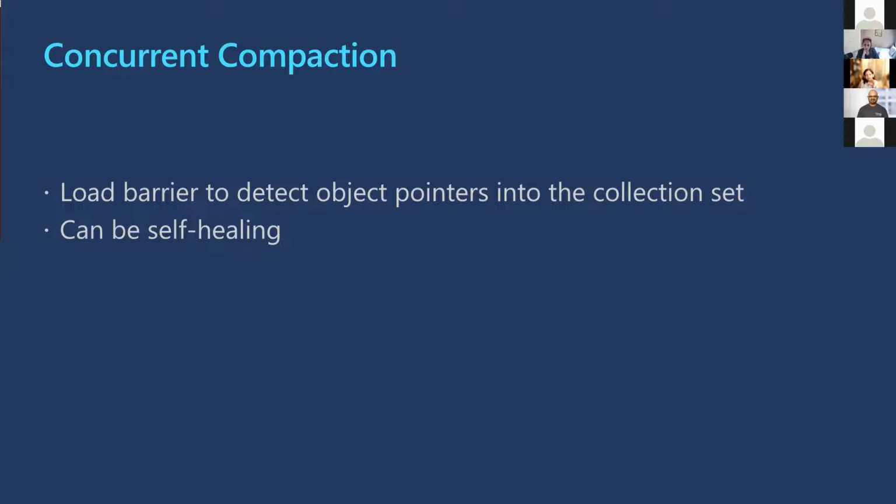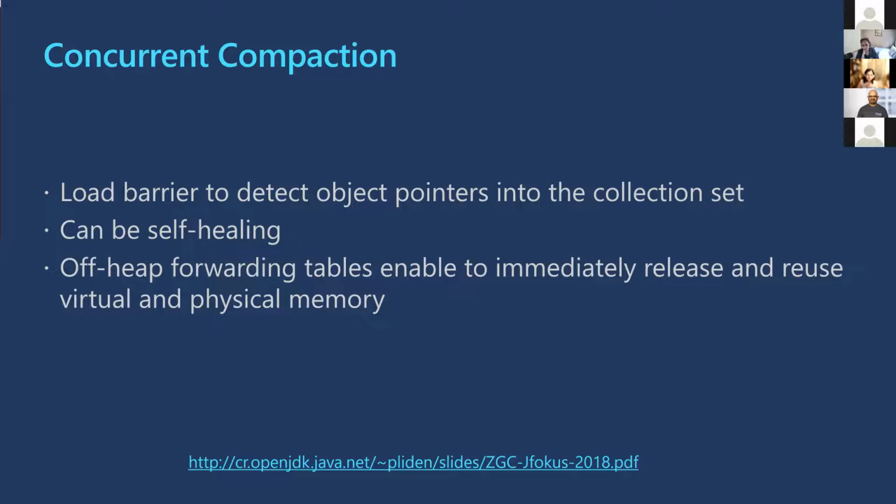When people ask about comparison, like you had asked, Chandra, about the concurrent marking, there's also this concept of how concurrent compaction differs between ZGC and Shenandoah. I think one of the advantages with respect to ZGC is off-heap forwarding tables.